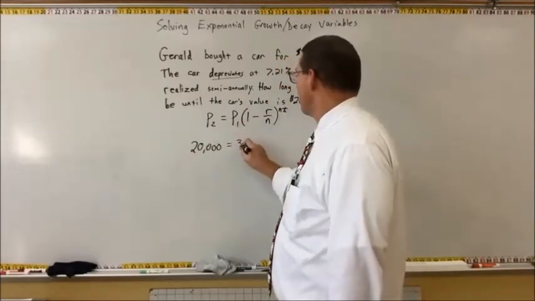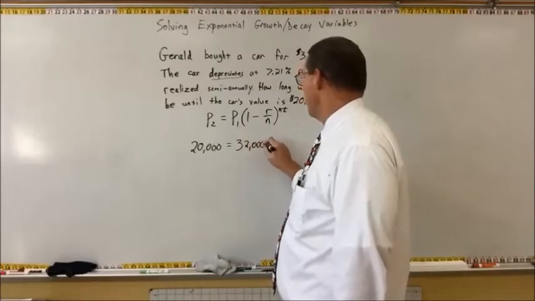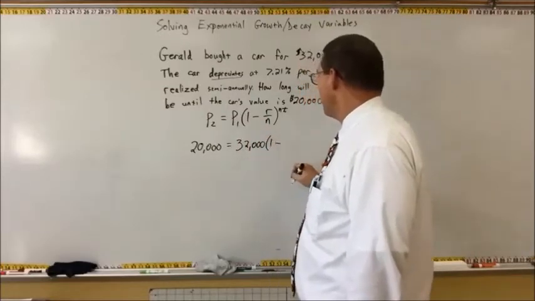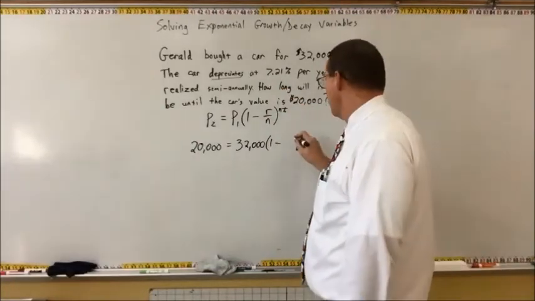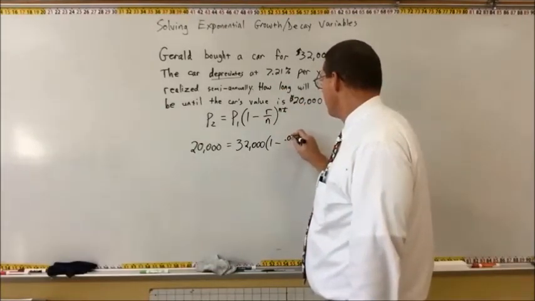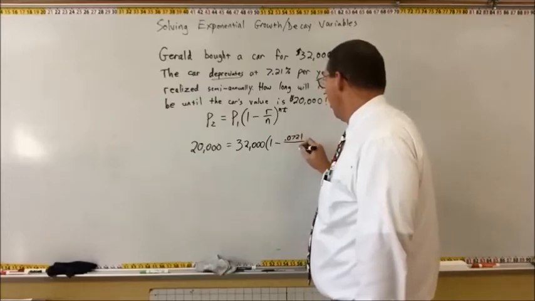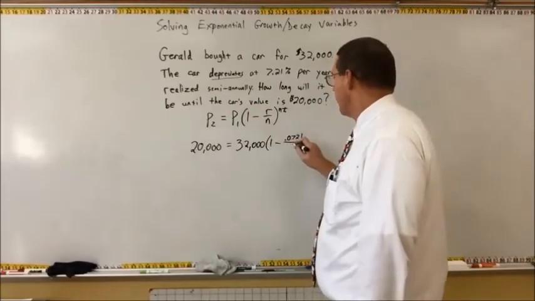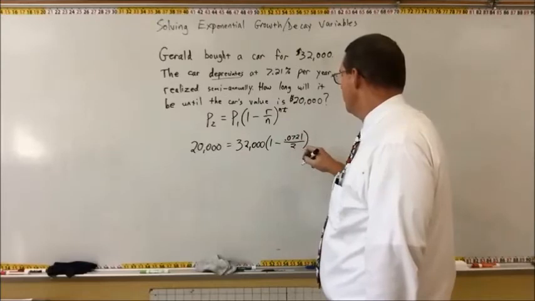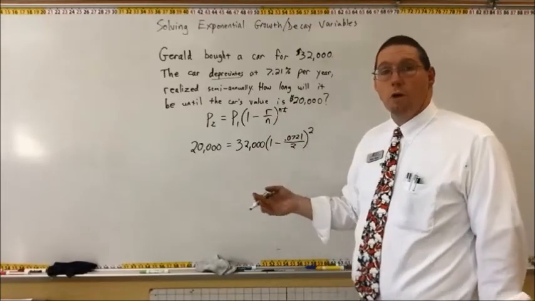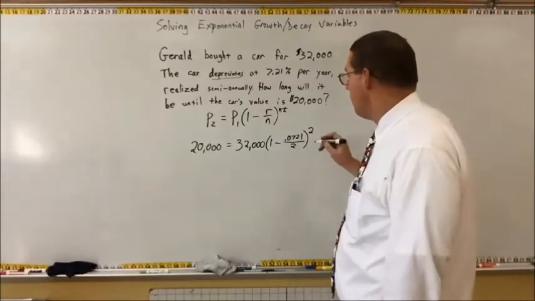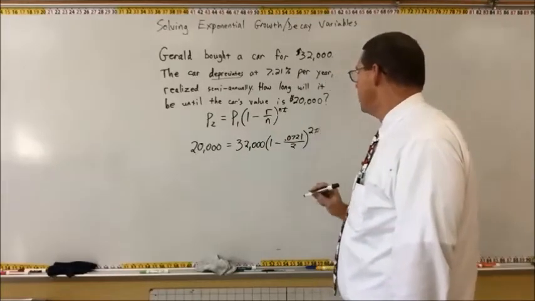It started at $32,000, times 1 minus the rate at which it's depreciating, 7.21%, so that's 0.0721 over, and it's realized semi-annually. That's twice per year, so we'll put over 2, to the power of 2 times t. We don't know how much time, we're trying to solve for time, so we'll put 2t.